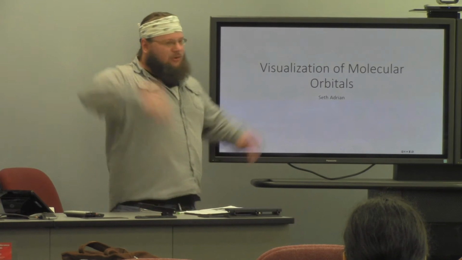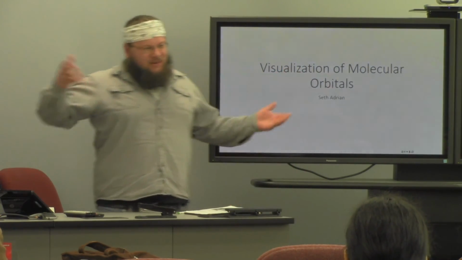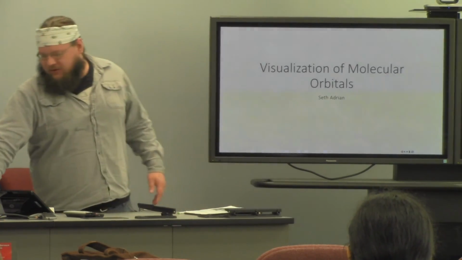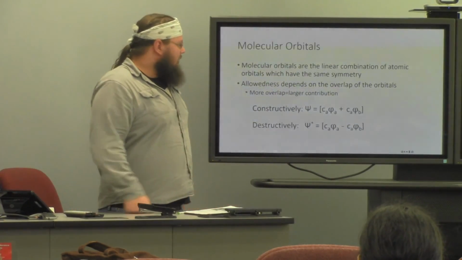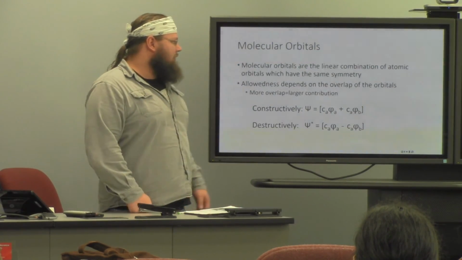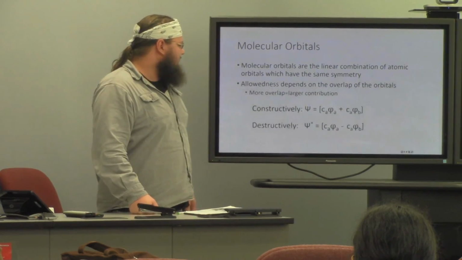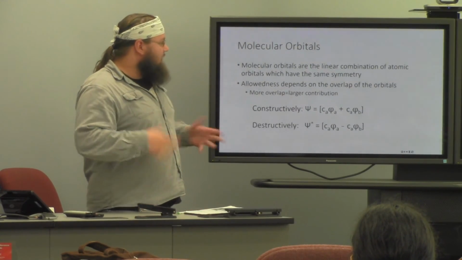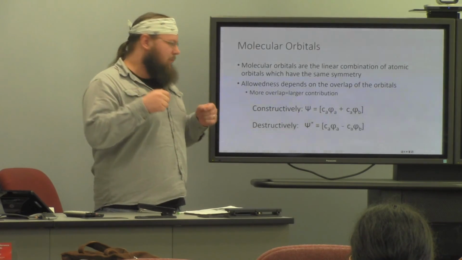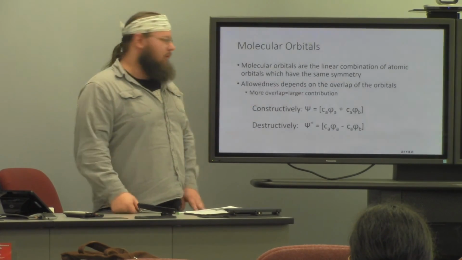Floor is yours. All right, so we've been talking about molecular orbitals a whole bunch. Let's look at them. You get nice pictures in your textbook of atomic orbitals, so what we want to do is visualize molecular orbitals. Again, molecular orbitals are linear combinations of atomic orbitals, but they have to have the same symmetry, which Zach helpfully discussed. And the allowedness, so how much they overlap, determines how much they contribute to each molecular orbital.